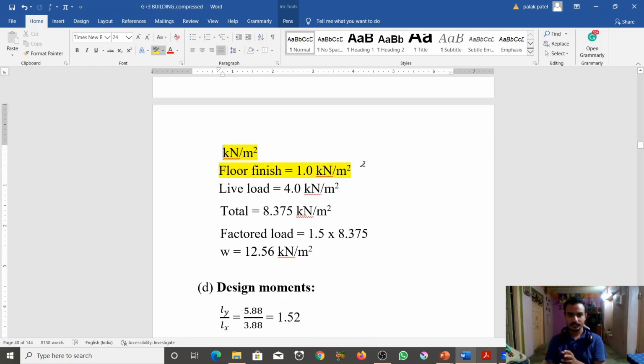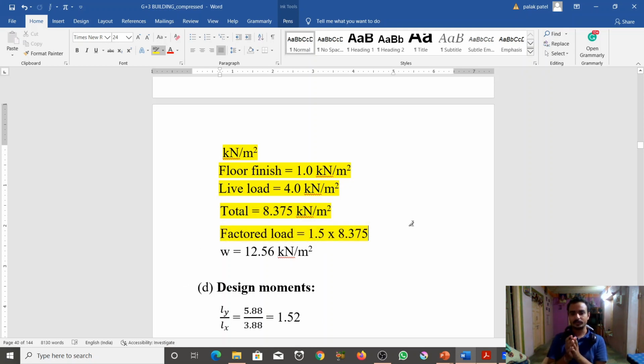Next, floor finish is 1 kilonewton per meter square. Second, live load is 4 kilonewton per meter square. Both values are given in the example. Next, the total load is 8.375 kilonewton per meter square.